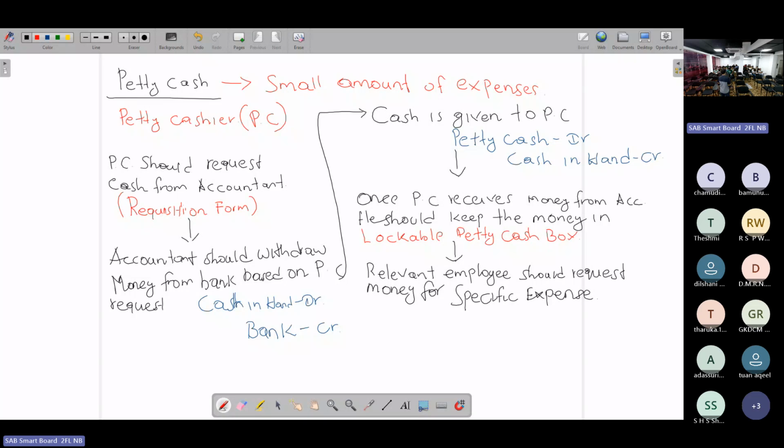Example, stationery expense, 500 rupees. Okay. Example. So always we should go with the example, otherwise we can't match with the theory.